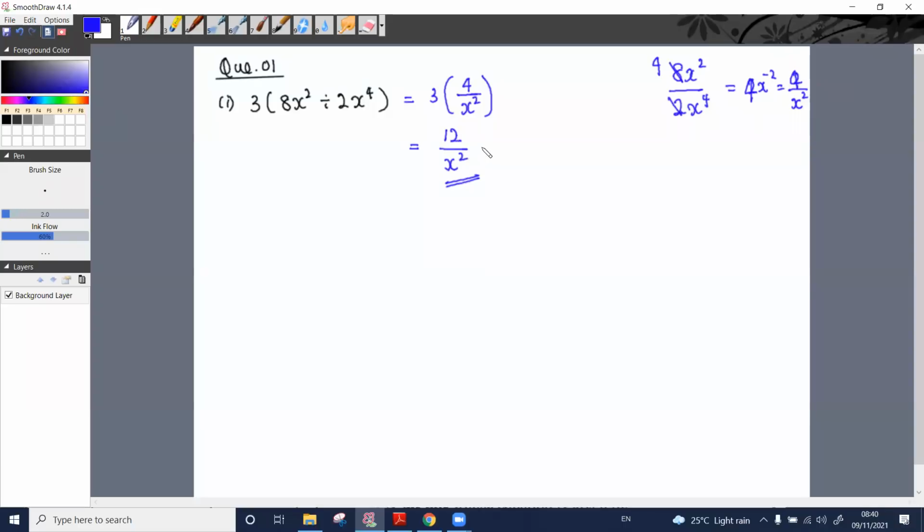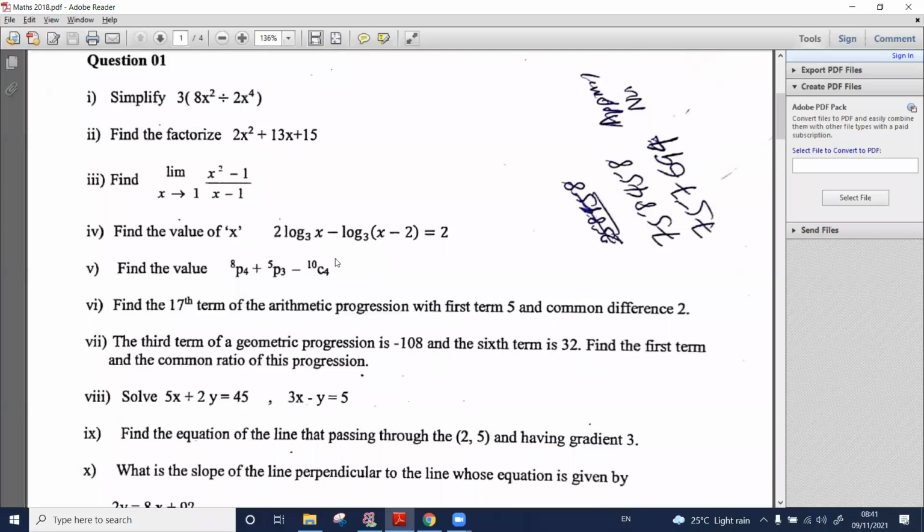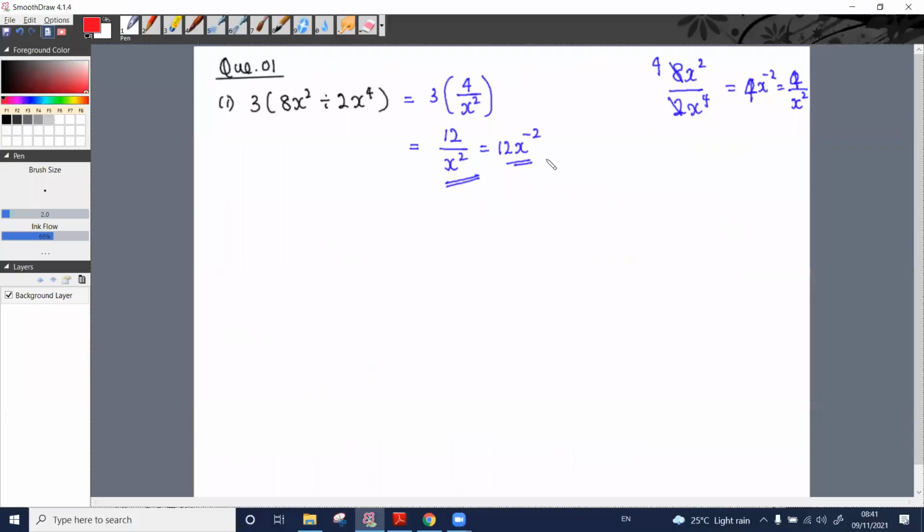Both are correct. If you got this one correct, how many marks? 2 marks. If you got this one correct, please give 2 marks.